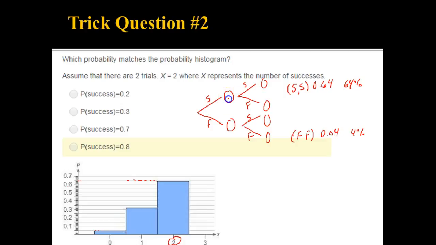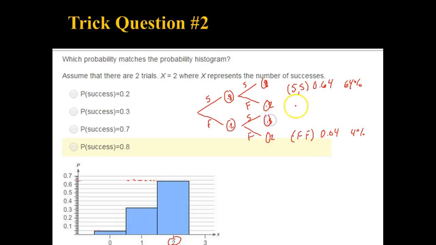It's 0.8. 0.8 times 0.8 is 0.64. And the other half of that, if 80% is success, then it'd be 20% failure. 0.2, and 0.2 times 0.2 is 0.04. So that matches up.